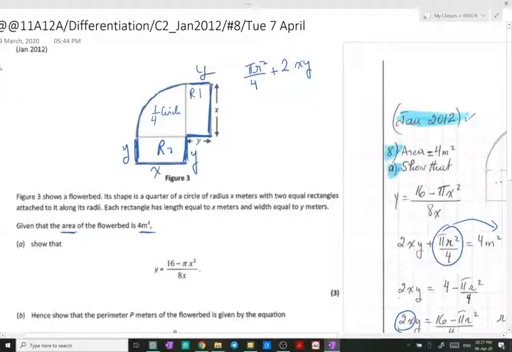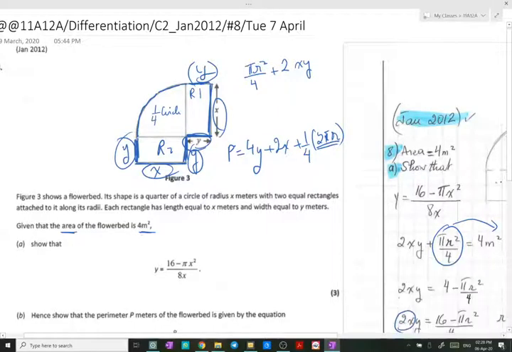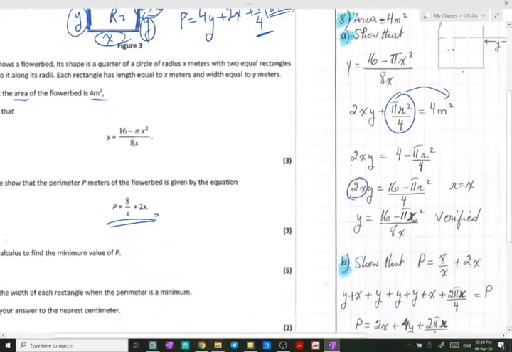So actually the perimeter is equal to 4 y's plus 2x plus 1/4 of 2 pi r, where 2 pi r is the value of the circumference of a full circle. You divide it by 4 because we have here 1/4 of a circle.